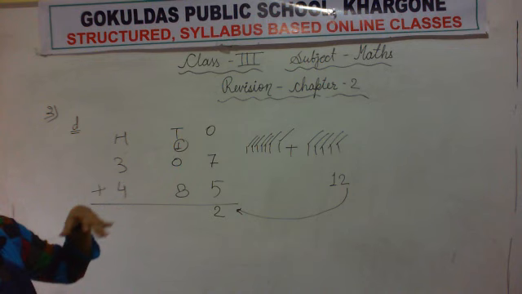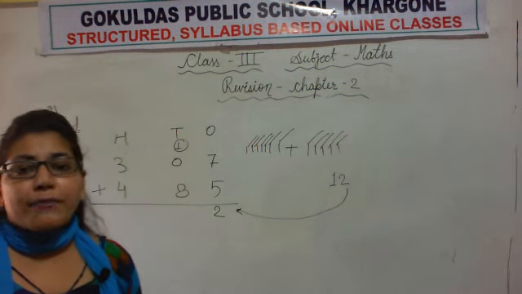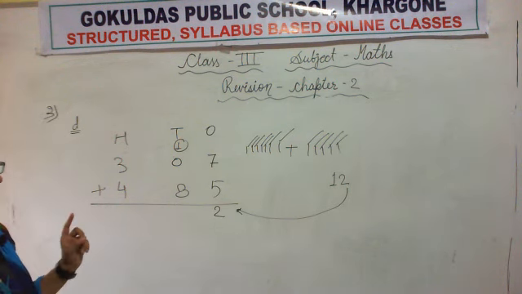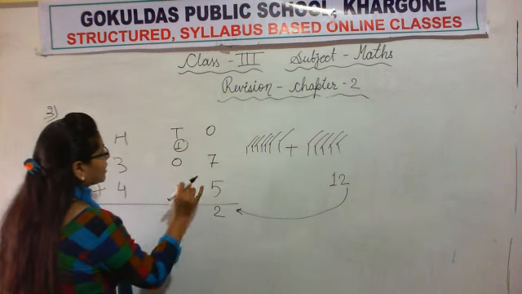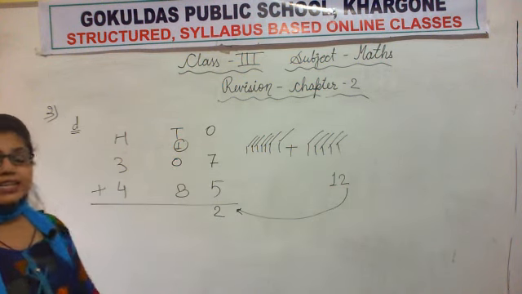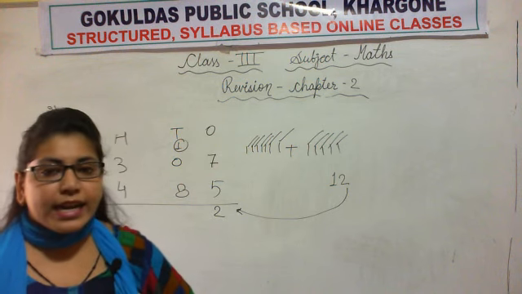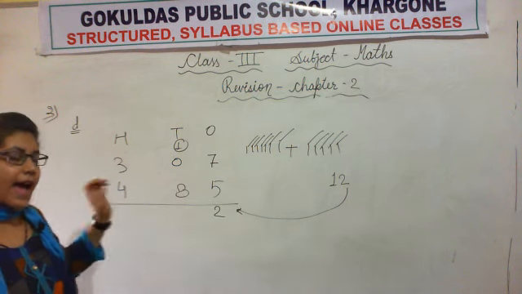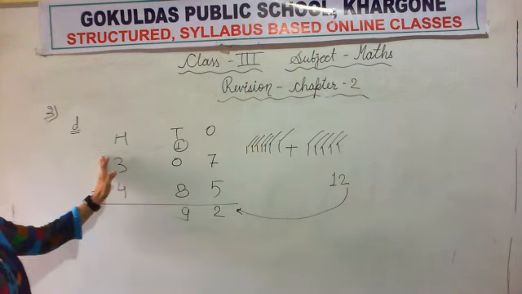So 1 plus 0, zero property. Whenever 0 is added to any number, or a number is added to 0, the result will remain the number itself. So here the result will be 1. So 1 plus 8. Now successor property. Whenever 1 is added to any number, it gives its successor. So what is successor of 8? 9. Very good. So we will write 9 here. 3 plus 4.